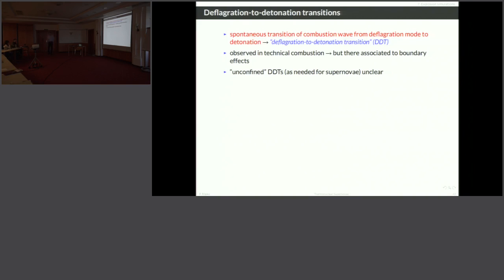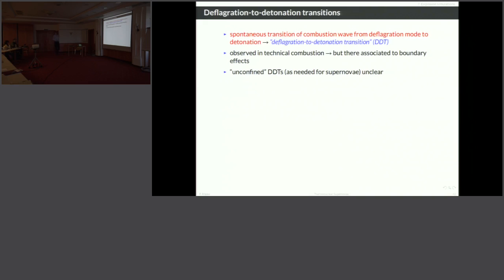Usually this happens at the boundary of a combustion vessel or at obstacles inside the combustion volume. If car engines knock, this is deflagration to detonation transitions, and this is avoided by a high octane number of the fuel. But in the astrophysical situation, we want to have a deflagration to detonation transition that works without boundaries, because we don't have boundaries in the star. So therefore what we need is an unconfined deflagration to detonation transition.